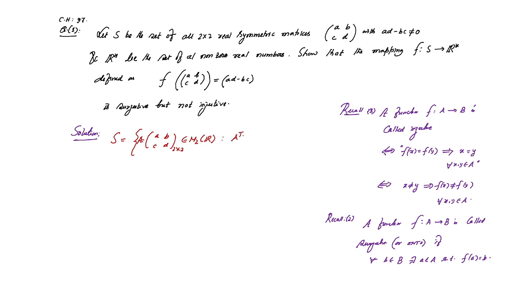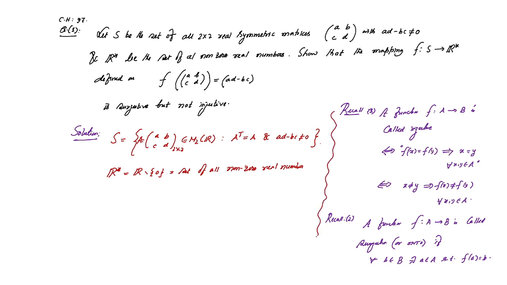Symmetric means A transpose equals A, and determinant of A is non-zero, so AD minus BC is non-zero. This is the set S, and R star is the set of all non-zero real numbers, that means R minus 0.